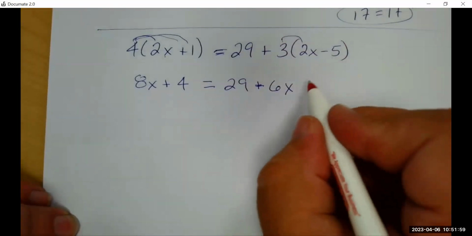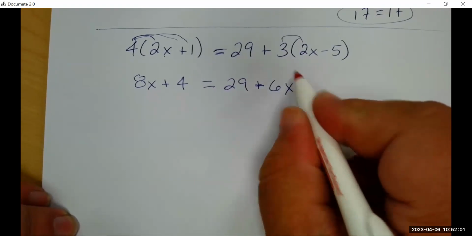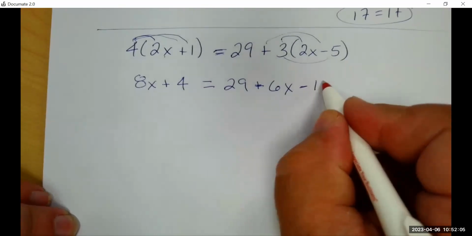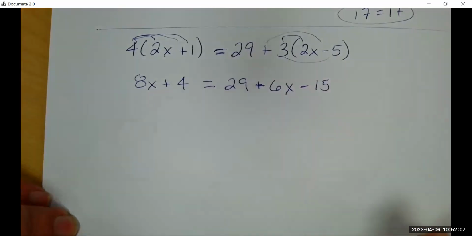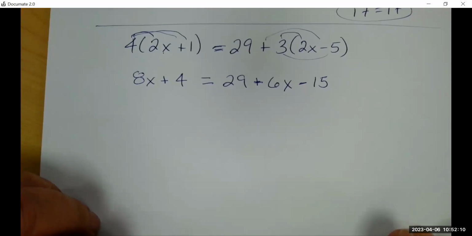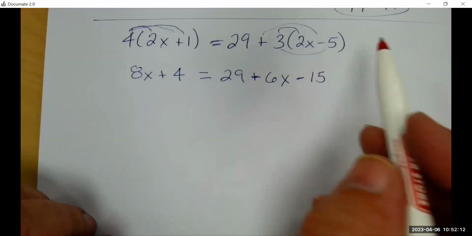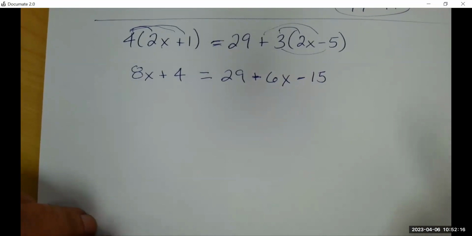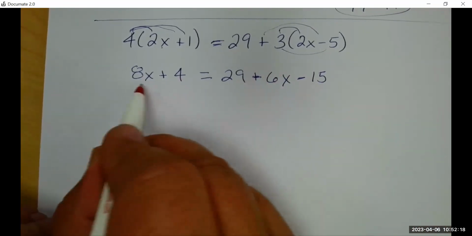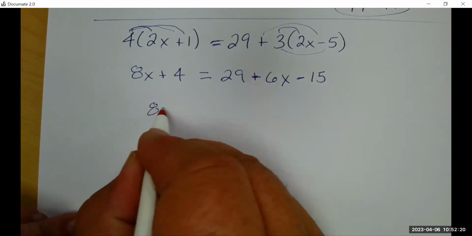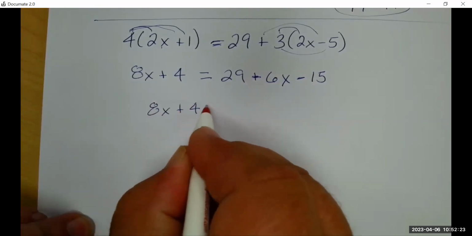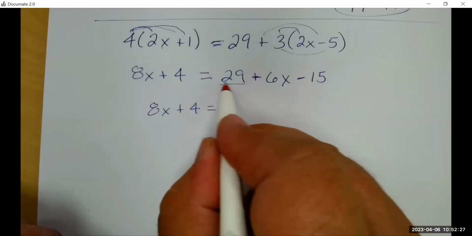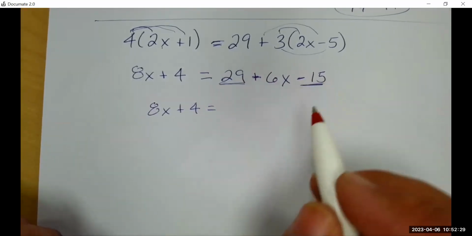Yeah, because positive times negative is negative, 3 times 5. Whenever you get rid of parentheses, combine like terms. Can we combine anything over here? No, so we'll leave that alone. How about over here? Yeah, we have 29 minus 15.